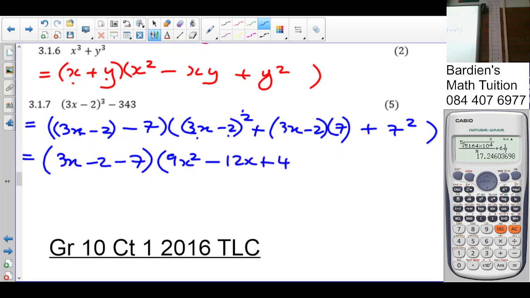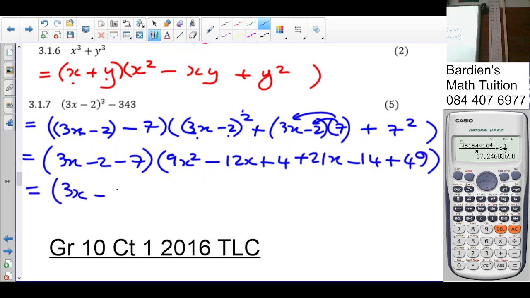Again, if you don't know how to do that, you write it out twice, you multiply it out there. You multiply that in, gives you 21x minus 14 plus 49. So it gives you 3x minus 9. He's going to give you 9x squared. Those two is going to give you positive 9x.